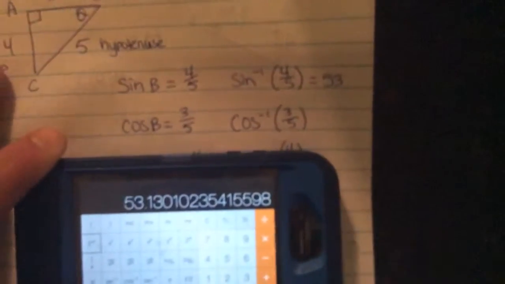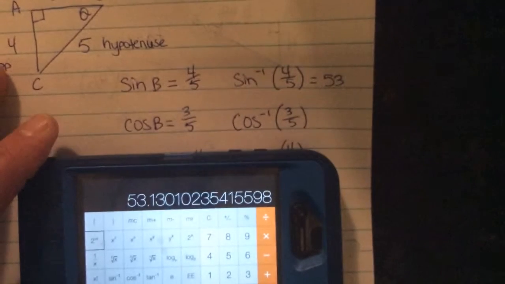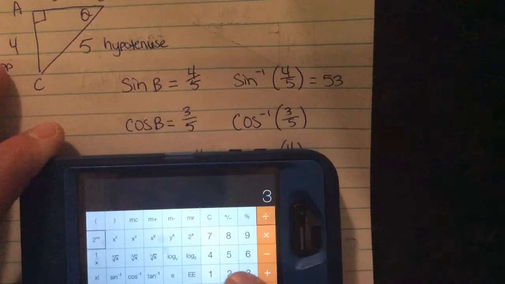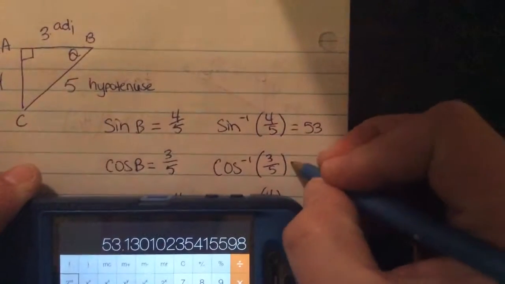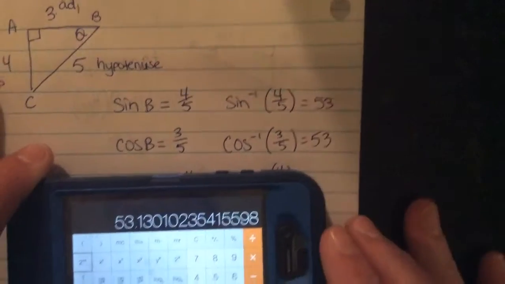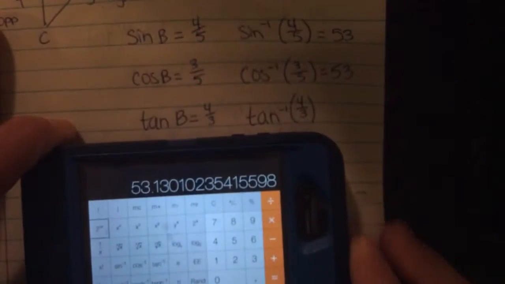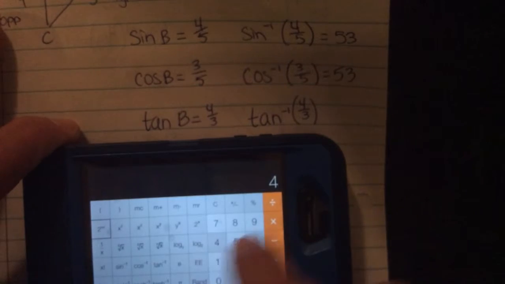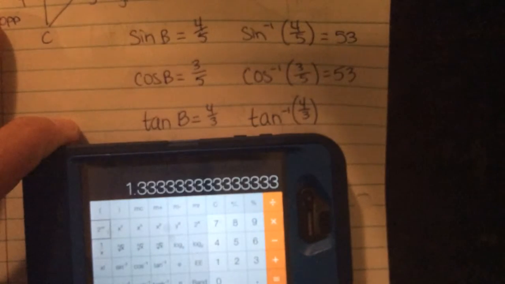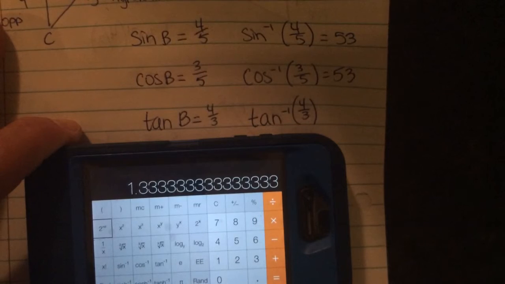Let's try the inverse cosine now. So we're going to go 3 divided by 5. Inverse cosine this time. Look what happens. 53 degrees again. And let's try this one more time with our tangent. We're going to try 4 divided by 3.